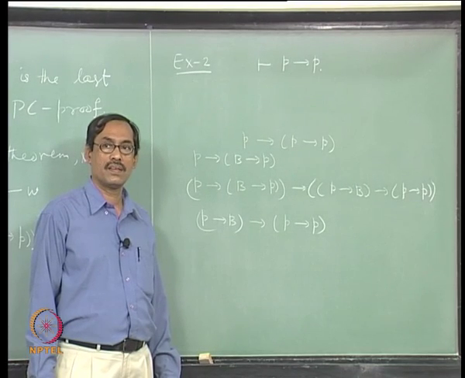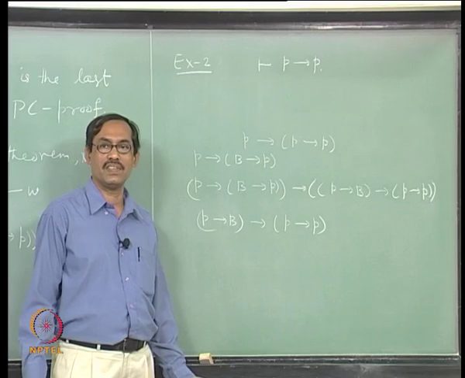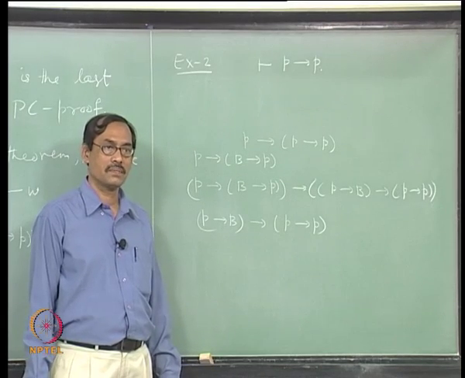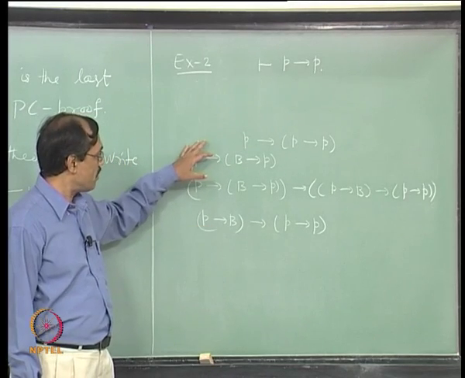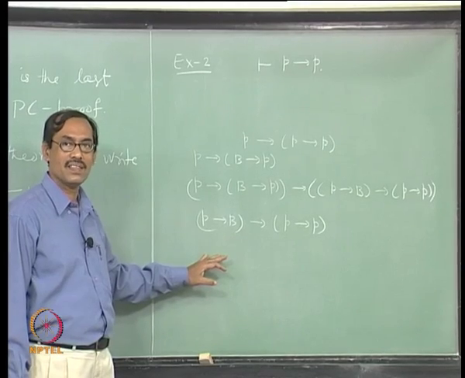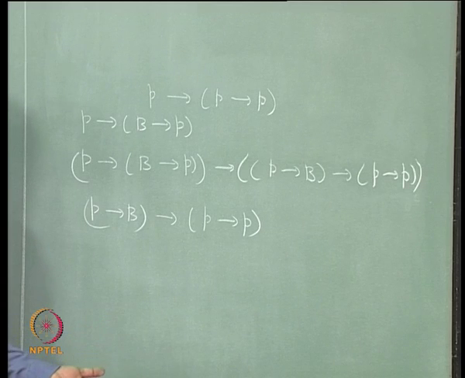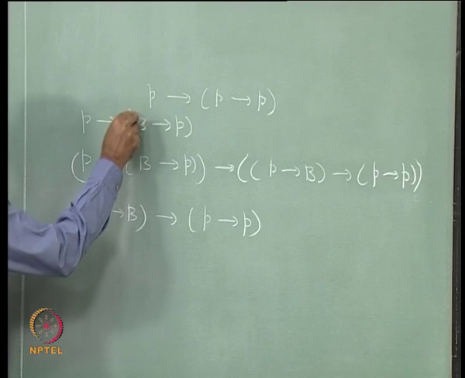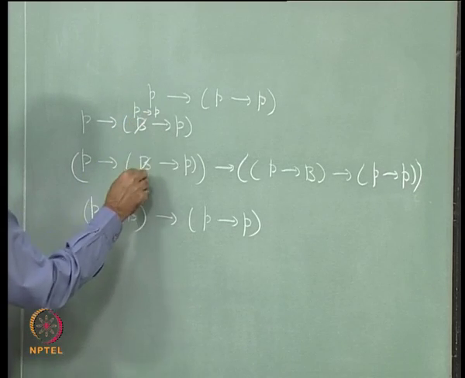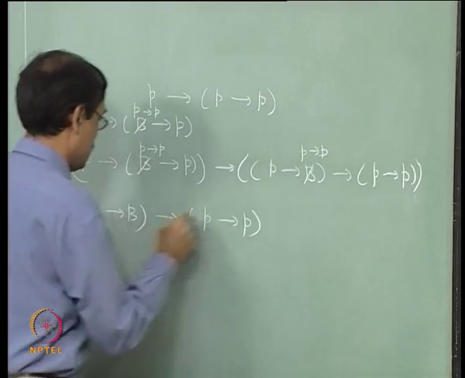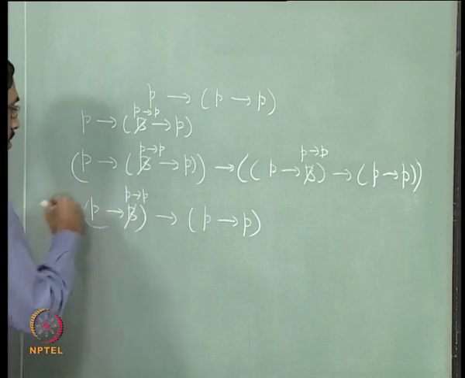So, what should I substitute in place of B so that it will be an axiom? P implies P, or Q implies P, any other Q will also do, it does not matter, because that is also an axiom. So, what we have to do is replace B everywhere, in all the 3 lines, as Q implies P or as P implies P. Is that okay? So, that means this should be P implies P, this should be P implies P, and so on.